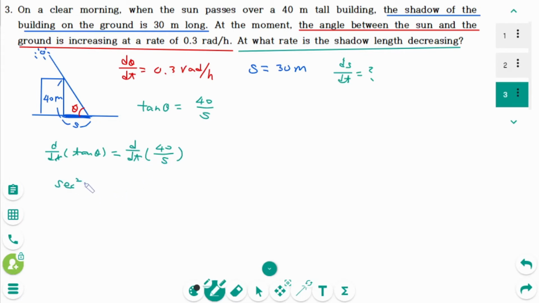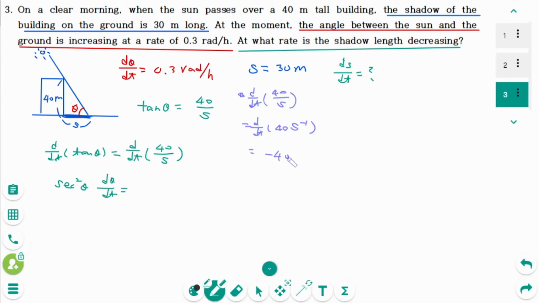Then secant squared theta times d theta/dt equals d/dt of 40 over s, equals d/dt of 40 times s to the power of minus 1.